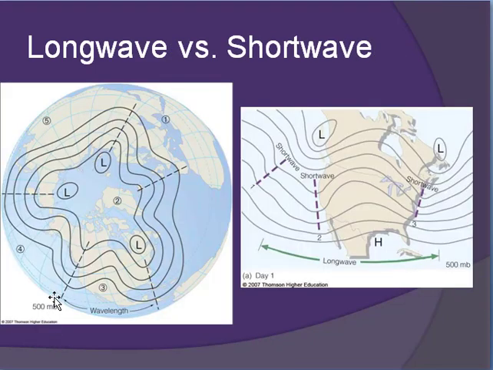When we look at this here, you notice that here is an example of the westerlies, the long wave circulation around the entire northern hemisphere. In these dashed lines, they have marked off the trough axis. Here is a zoomed in portion of the United States, where they have marked off the trough axis.